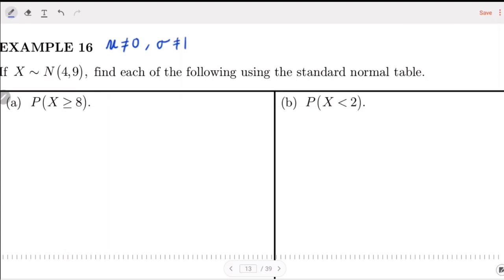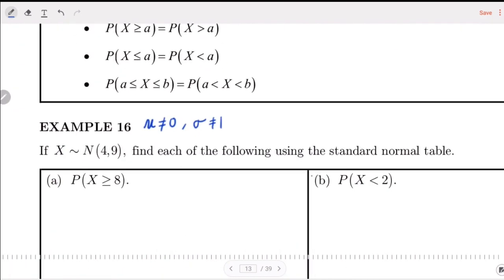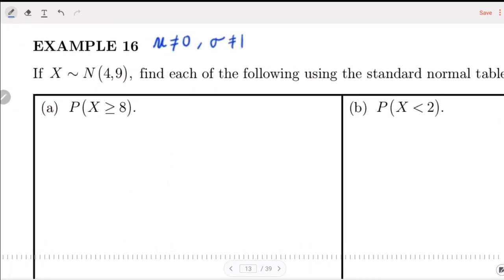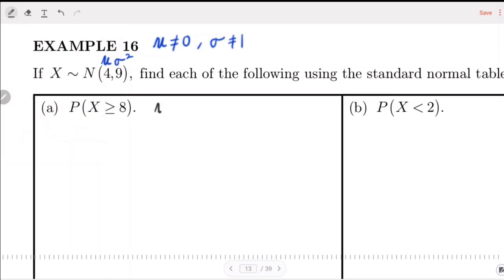To standardize, we are going to use the formula that was stated above. So the first step is to identify the mean and σ. Given μ, which is the mean, equal to 4, variance equal to 9. So our μ is equal to 4, whereas σ is actually equal to 3.